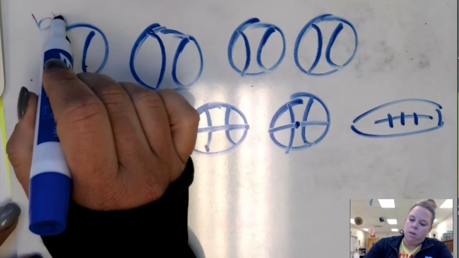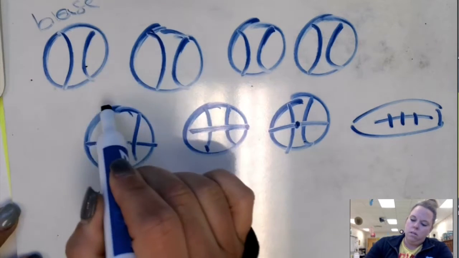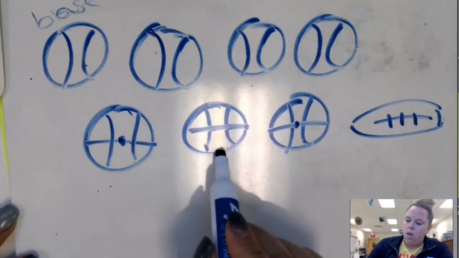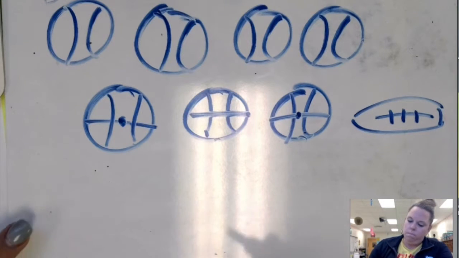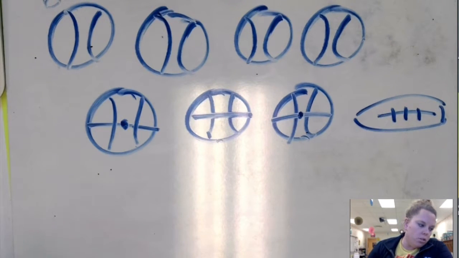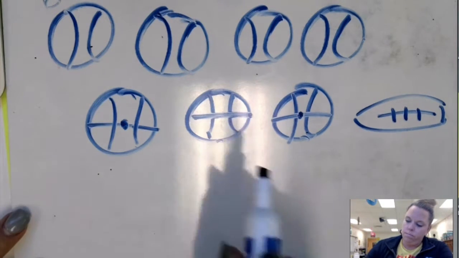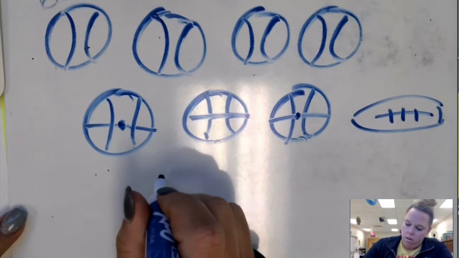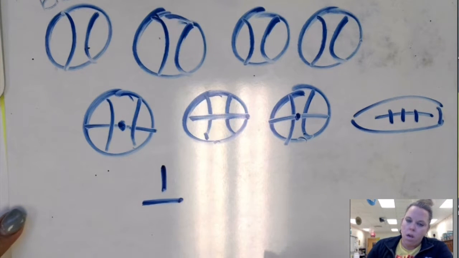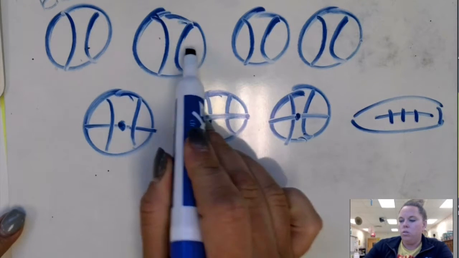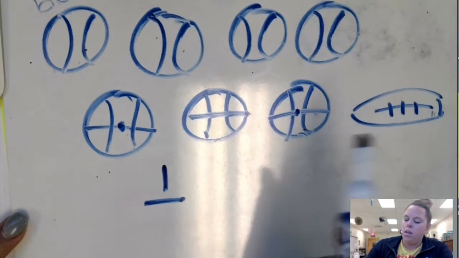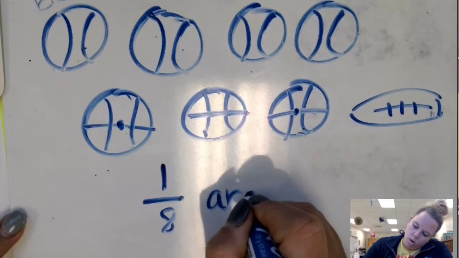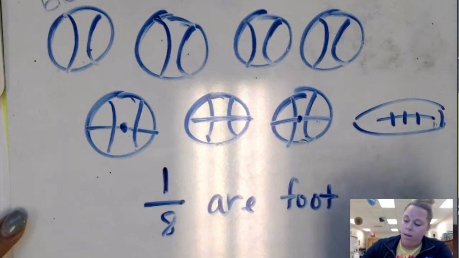Okay, so these are the baseballs. These 4 are baseballs. We have 3 basketballs, and we have 1 football. Okay, what fractional part of this group of balls is a football? Well, how many footballs do I have? I have 1. How many total balls do I have? 1, 2, 3, 4, 5, 6, 7, 8. 1/8, 1 out of 8 are footballs.